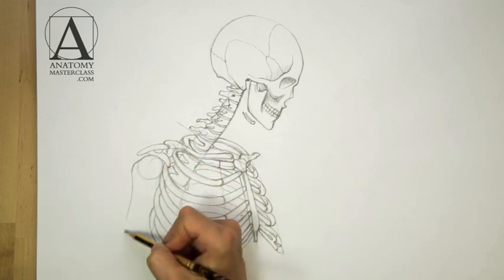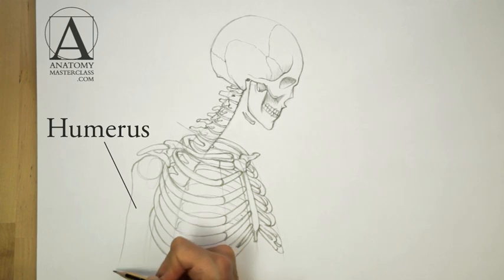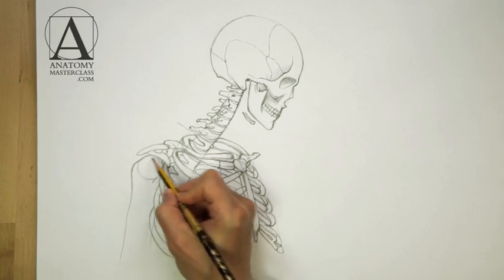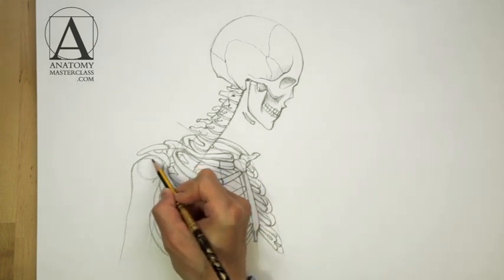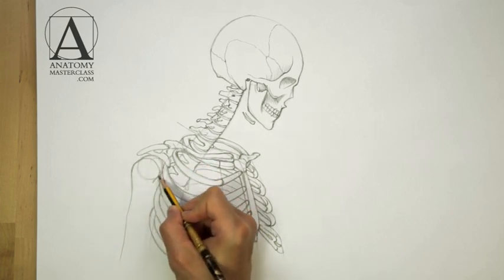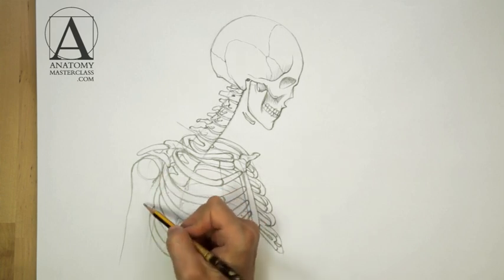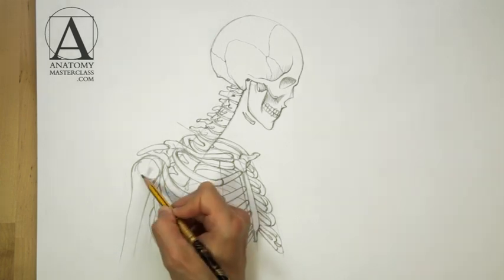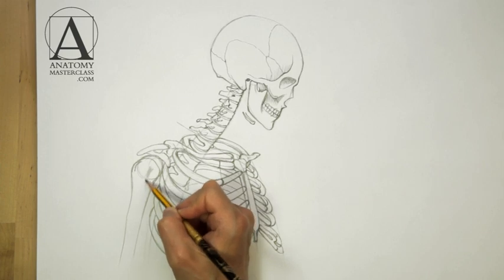The upper arm has one bone. It's called the humerus. The groove next to the humerus head is the place for a muscle tendon.